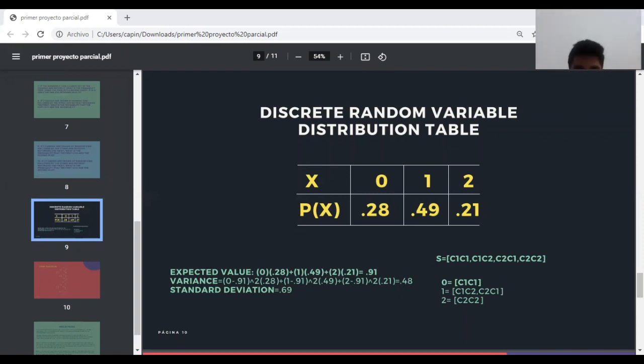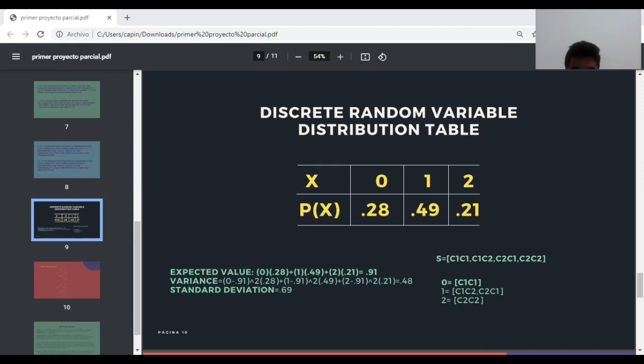Expected value, we got it by multiplying the values of x by the probabilities of x, and then summing all of them.